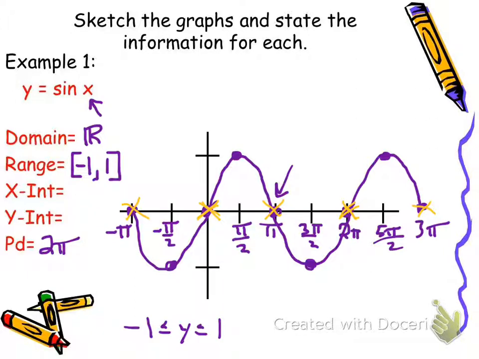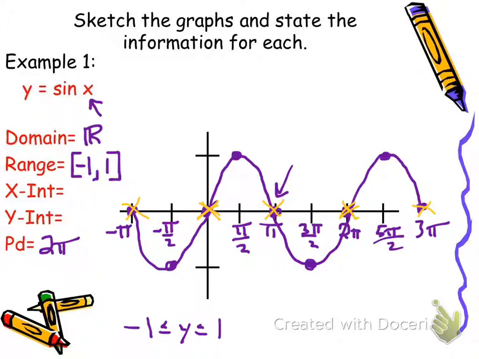Anybody? 1 pi, 2 pi, 3 pi, 4 pi, 5 pi, 6 pi, 7 pi, negative 1 pi, negative 2 pi, negative 3 pi. What are those coefficients called? Integers, right? So we could describe the x-intercepts of the sine graph as all integer multiples of pi, okay?